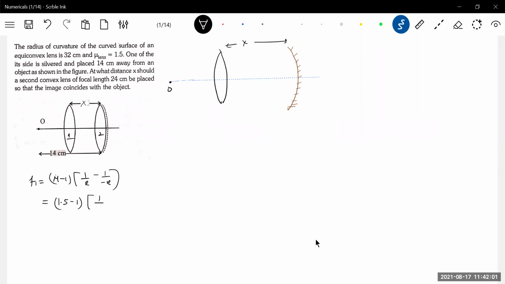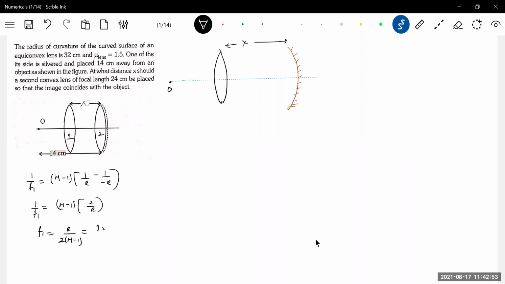Considering the surrounding medium, this will become 2/R. So f2 equals R/(2(mu minus 1)).